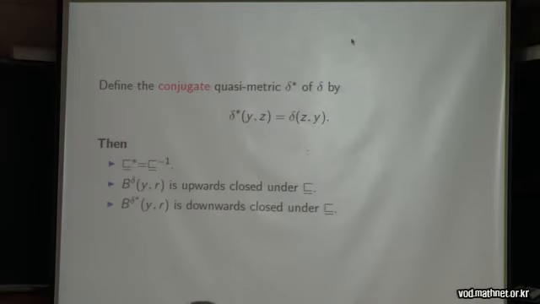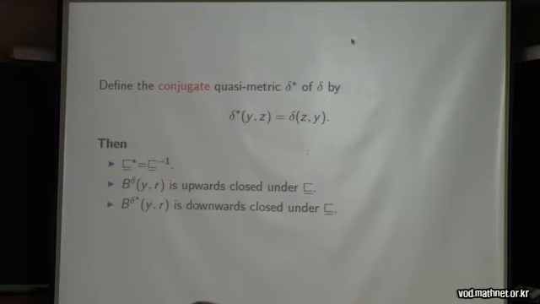Moreover, in the quasi-metric case, with every quasi-metric there is a conjugate quasi-metric, which we define by just swapping the two arguments around. And the nice thing is that the partial order with respect to the conjugate quasi-metric is just the inverse partial order of the quasi-metric.